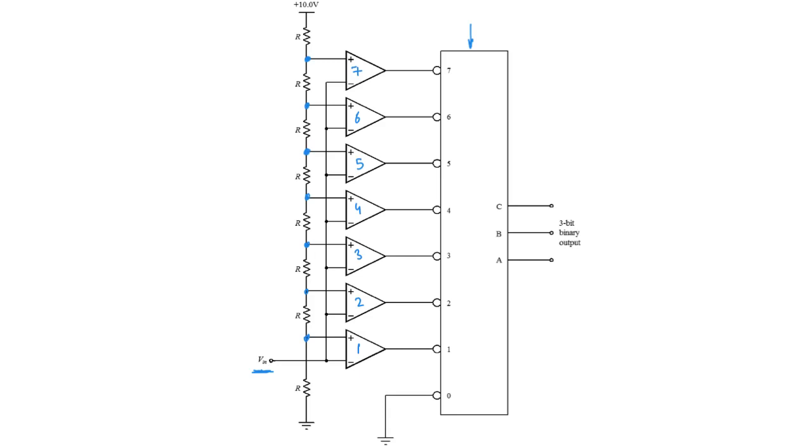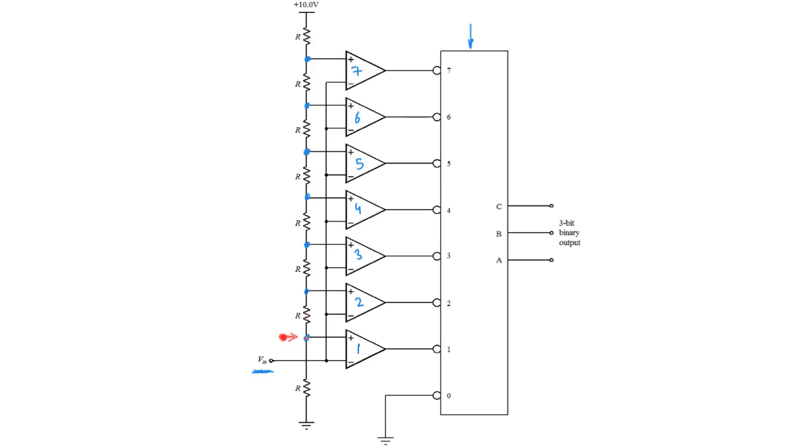The first thing we should try to understand is what voltages would appear at these points. Let's start, for example, from the voltage at comparator 1. How many resistors are connected above this point? It's 1, 2, 3, 4, 5, 6, and 7 resistors.